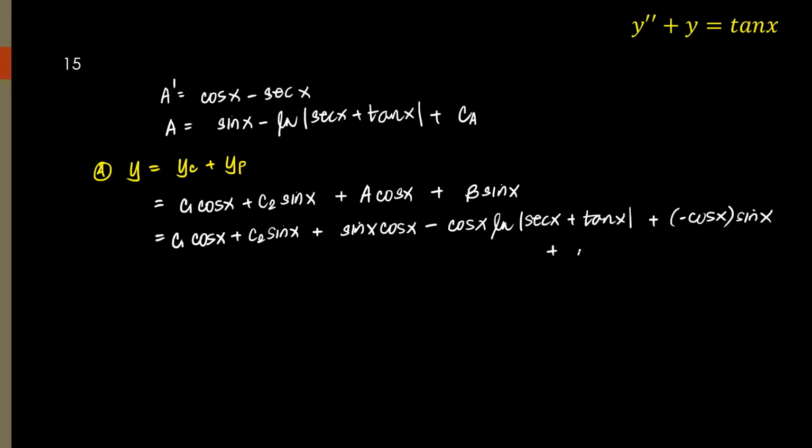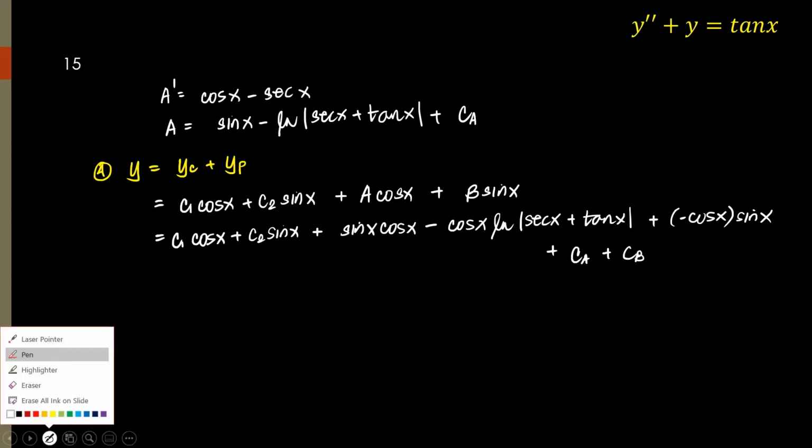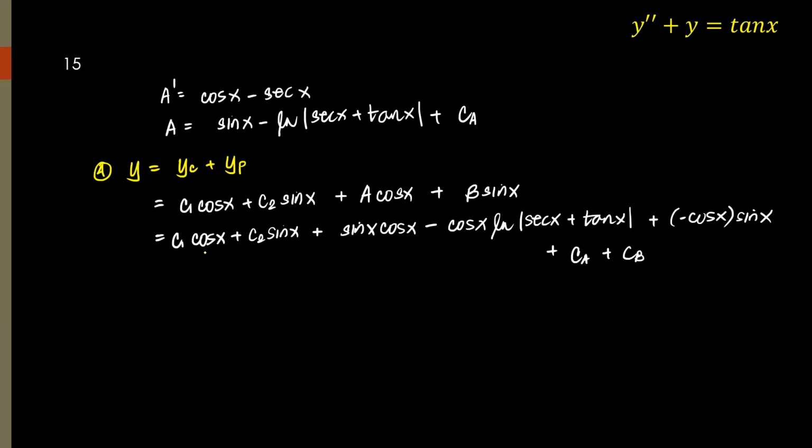And then take note, there was the constant for a and constant for b. There are two constants. Okay, now maybe we can try to cancel if there are things that can be canceled. Sine x times cosine of x, and then this is minus cosine x sine x. These two cancel out. And then take note that these two are simply constants. We already have C1 and C2. So I can just say, let's call this C3.